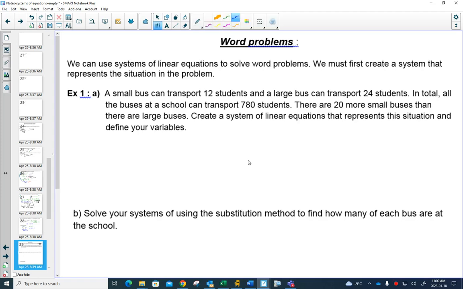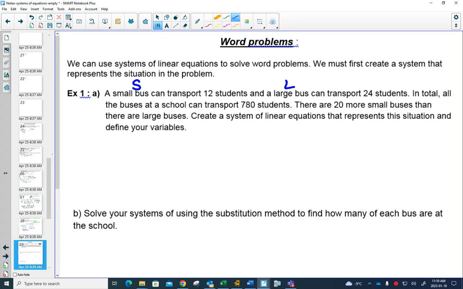The first thing that we are going to decide is what variables we're going to use. So I'm going to use the letter S for small buses and L for large buses. Okay? Now, there should be a way to create an equation with every sentence that gives us information.